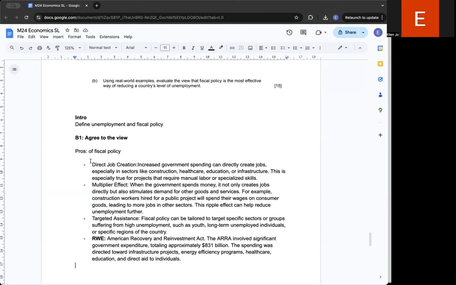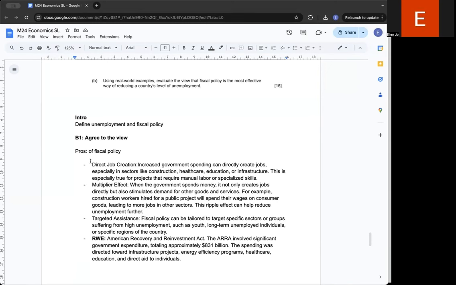For example, construction workers hired for public projects will spend their wages on consumer goods, leading to more jobs in other sectors. This ripple effect can help reduce unemployment even further. Also, fiscal policy can be tailored to specific target sectors that can further be boosted in the long term.